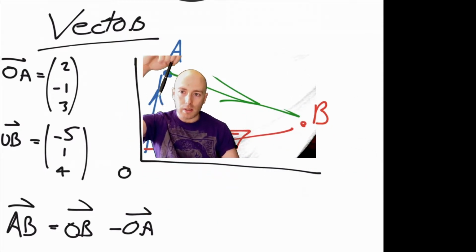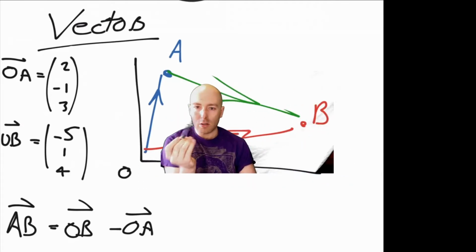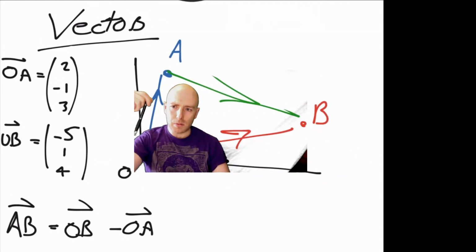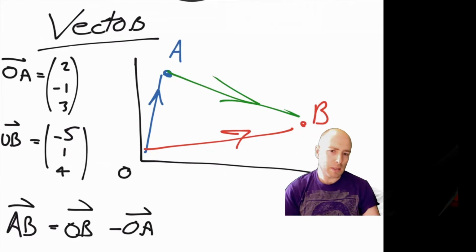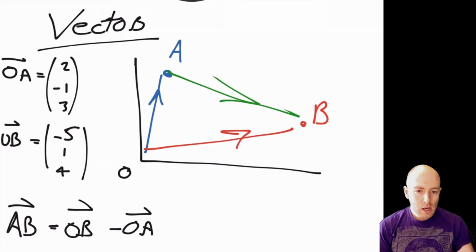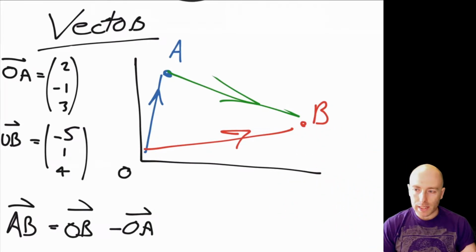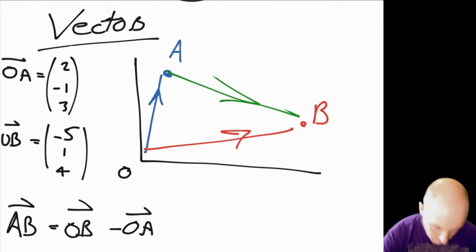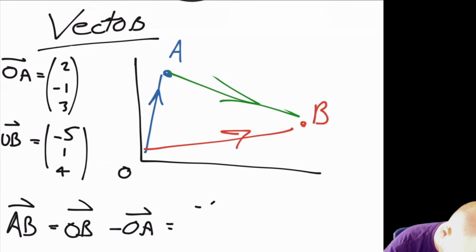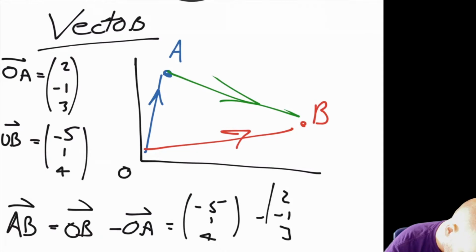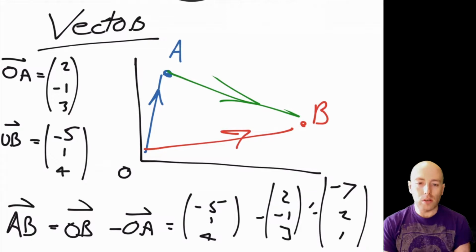So minus OA plus OB. And you can always use a pen to see which direction things are positive. Draw arrows to keep a pen, make it positive. Right, so we're going to work out AB quickly. So we're going to do (5, 1, 4) take away (2, -1, 3)... actually (-5, 1, 4) take away (2, -1, 3). So we're going to get minus 7, 1 minus minus 1 is 2, and 4 minus 3 is 1. So minus 7, 2, 1.